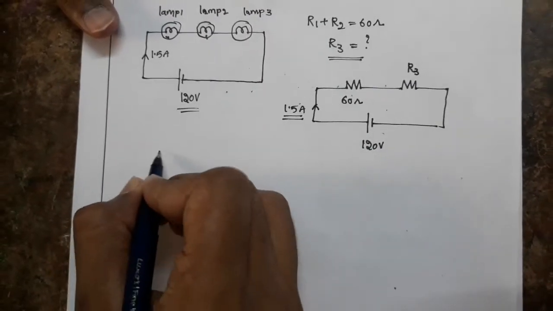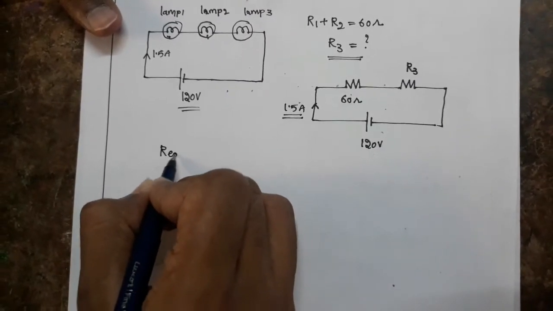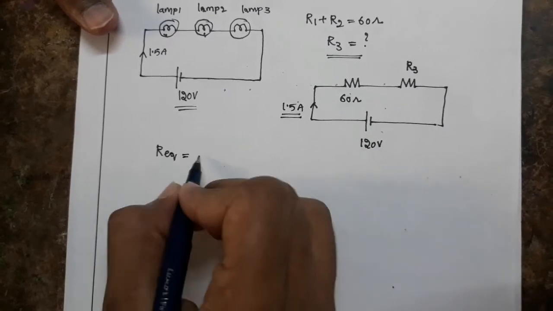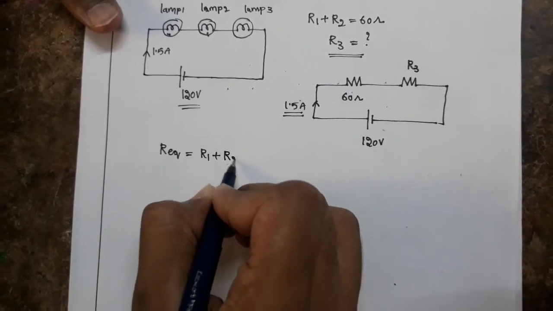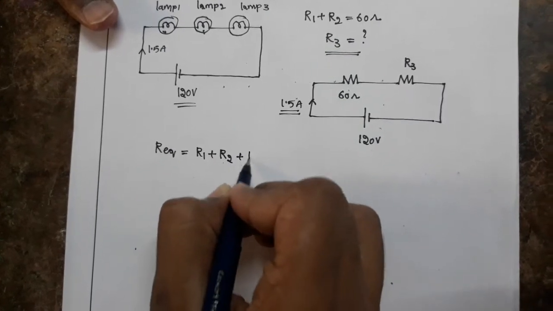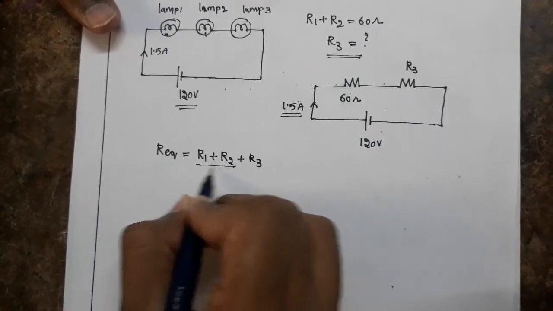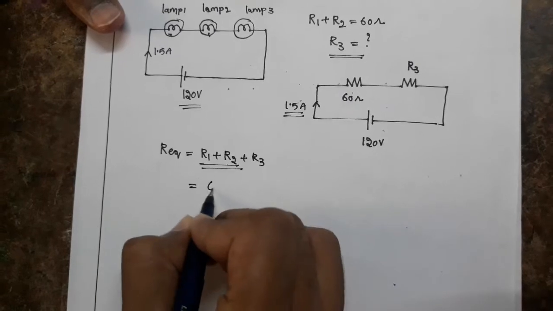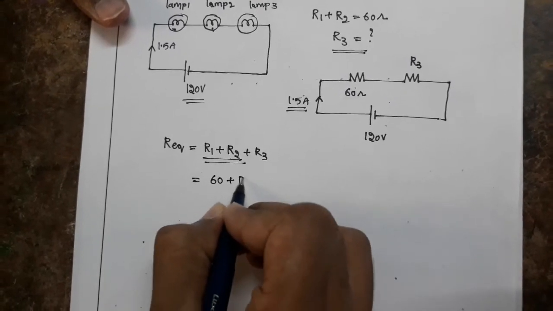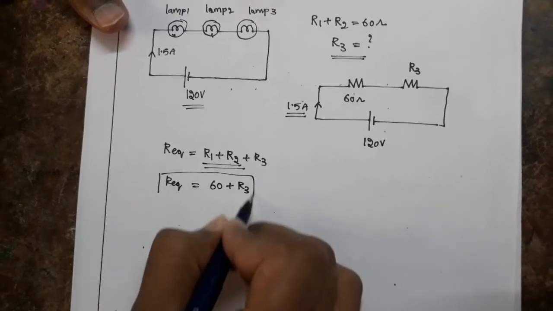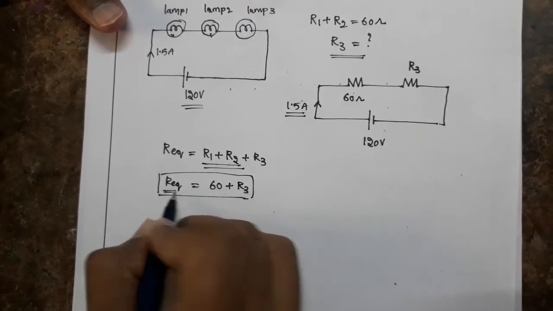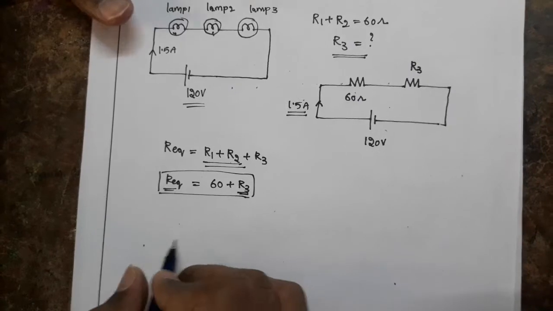We know that R equivalent in series is the sum of individual resistances, that is R1 plus R2 plus R3. We know R1 plus R2 equal to 60 ohms and we don't know R3. We have to find R equivalent so that we will know R3.